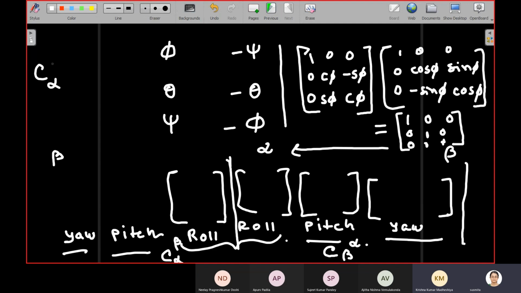On the left side you have C alpha to beta, and the right side you have C beta to alpha.